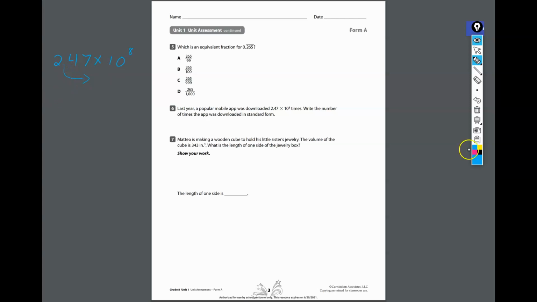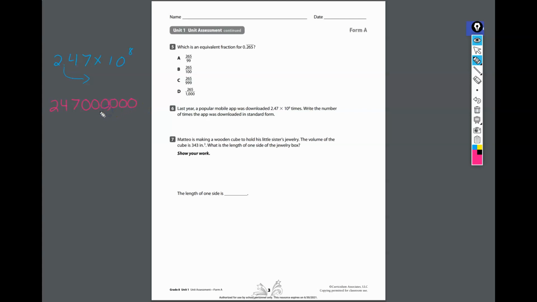So, if I go 1, 2, I need 6 more zeros. 2, 4, 7, 1, 2, 3, 4, 5, 6. Now I'm not going to put the decimal at the end. We all understand it's at the end.